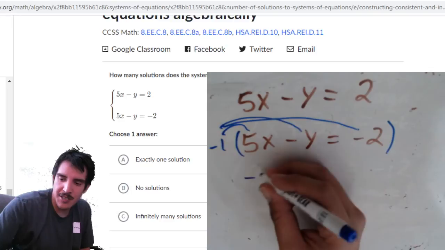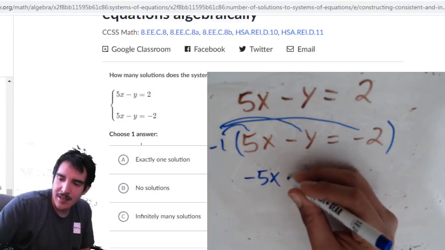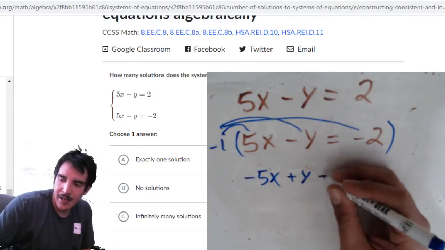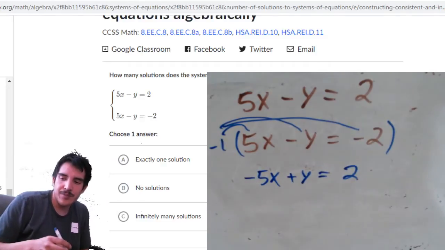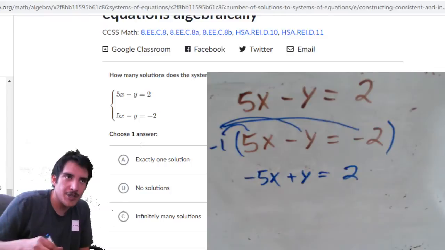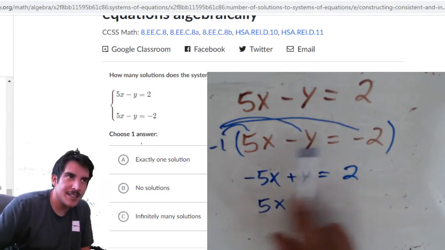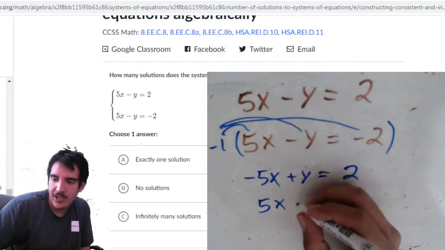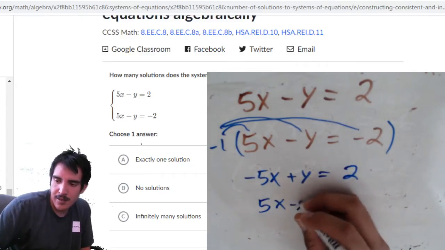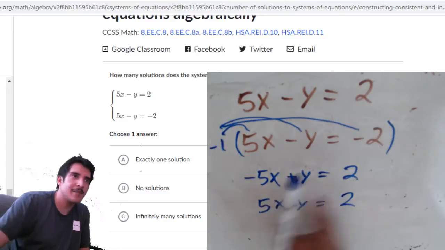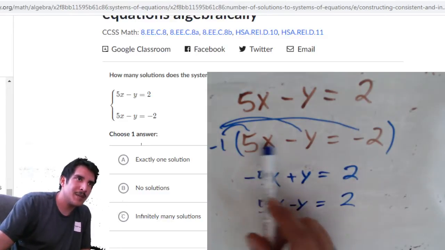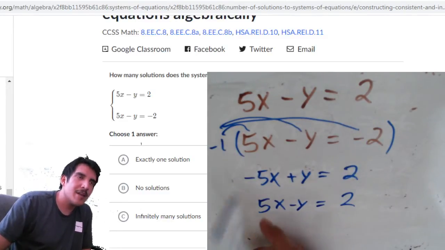So my new equation is going to be negative 5x plus y equals positive 2. So now I have the first equation, which I should also write down, and this equation that I multiplied by negative 1. So now I did that, and now I do have opposites.